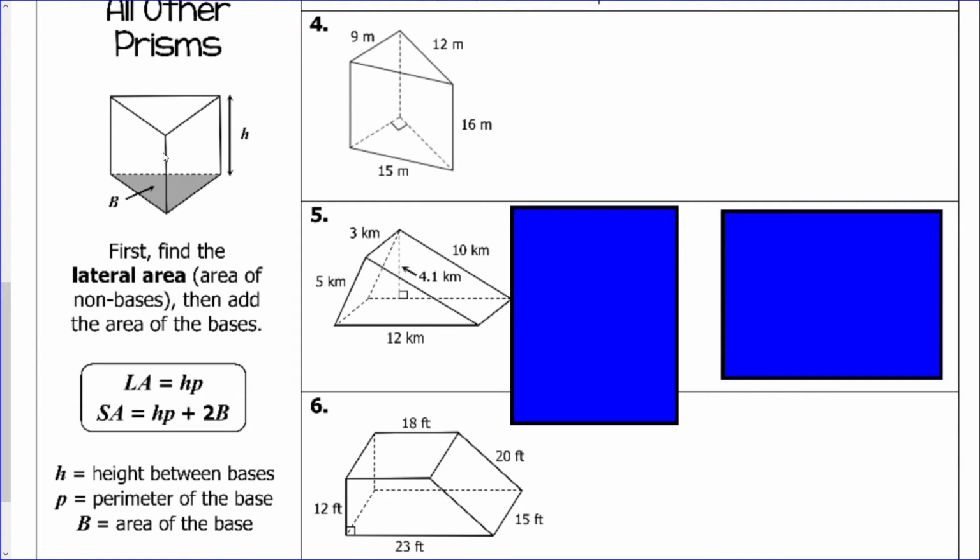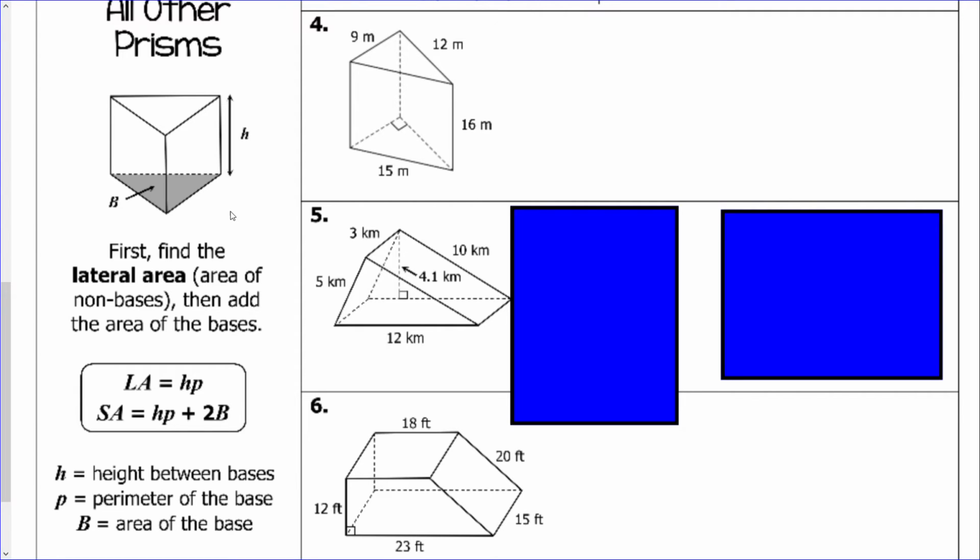So for a triangular prism, the base is a triangle, and that capital B would in that case stand for the area of the triangle. The height, again, is the distance between the bases. So in this triangle example number 4, there's a triangle on the top and a triangle on the bottom, and the height would be the 16 meters, which is the distance in between them.